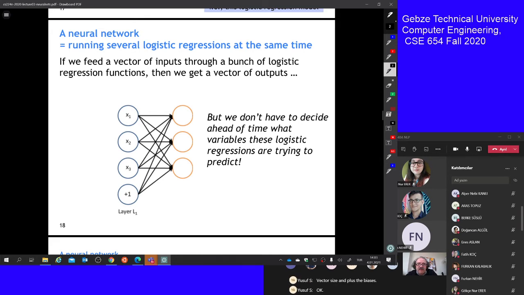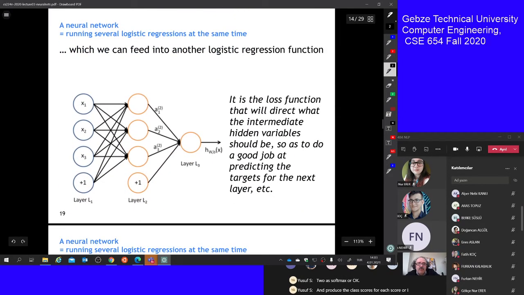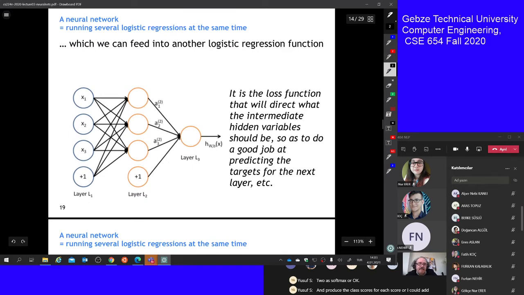And so what can I do with this? I can feed all of them to a softmax and produce the class scores, or I could add this to another neuron like this. So one layer and a second layer, it goes like that.